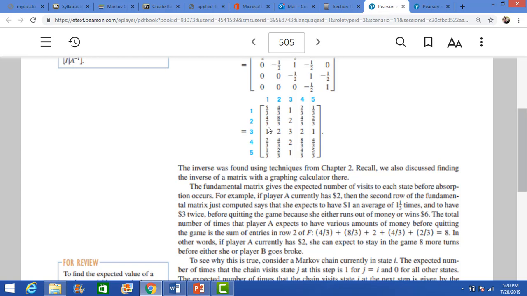Now the fundamental matrix gives the expected number of visits to each state before absorption occurs.